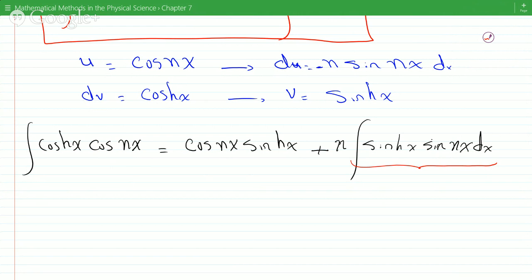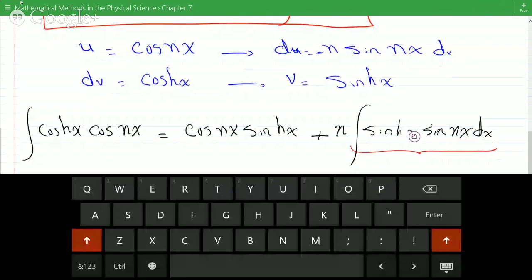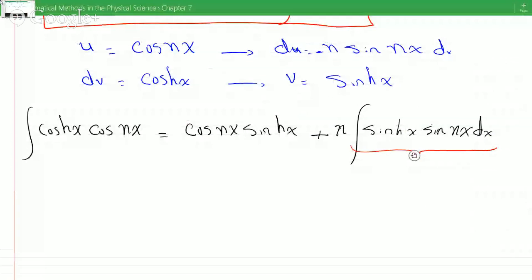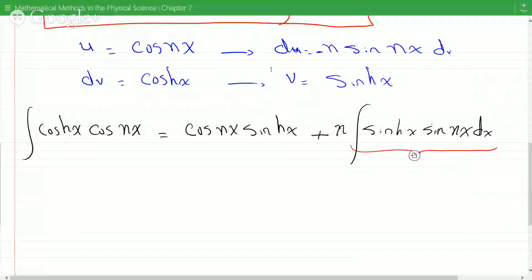So here we will do another integration by parts.